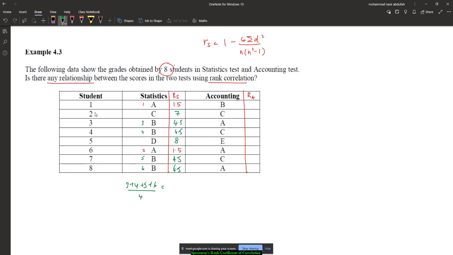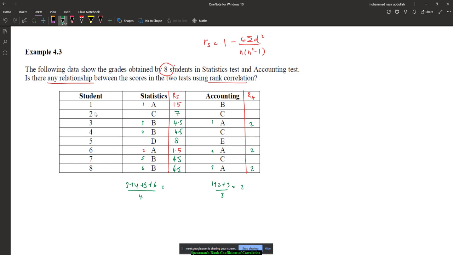Okay, so let's look at accounting. For accounting A, we have 1, 2, 3. So 1 plus 2 plus 3 divided by 3: 1 plus 2 is 3, 3 plus 3 is 6, 6 divided by 3 is 2. So this one is 2, 2 and 2.